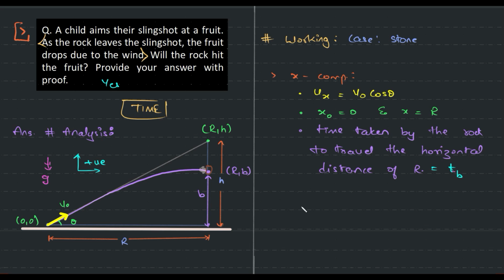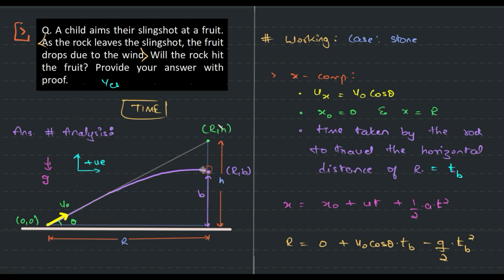Let's make use of x is equal to x naught plus ut plus half a t square. So this is R, this is 0, this is v naught cos theta into tb, plus half a tb square.